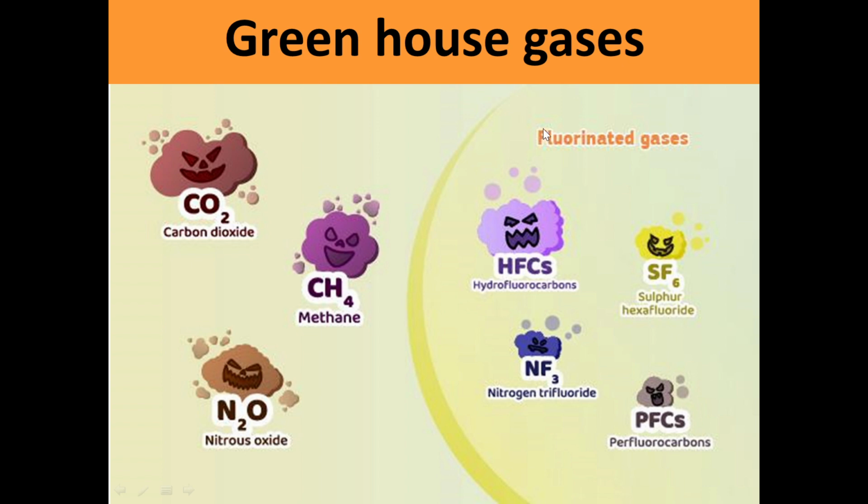They are also responsible; these are greenhouse gases. Regarding greenhouse gases, there will be another session where I will discuss the details about the greenhouse gases, the global warming potential of the greenhouse gases, and all other things associated with this. Okay, then we come to the next.